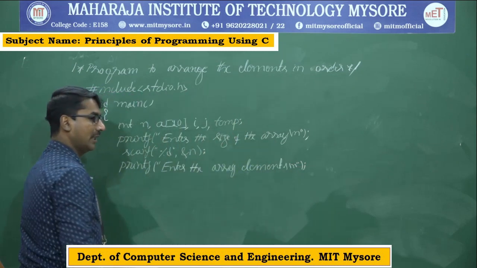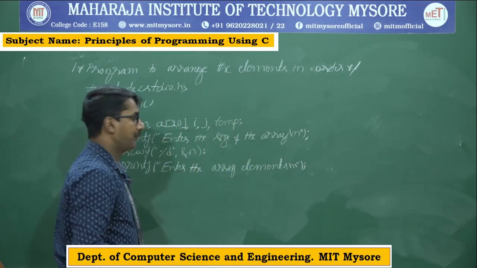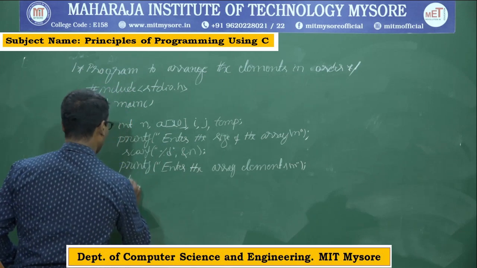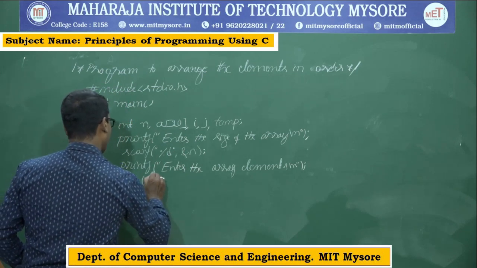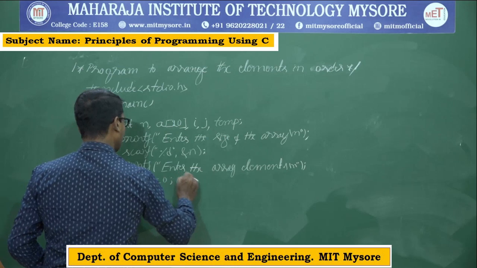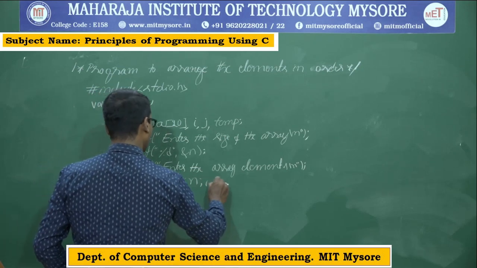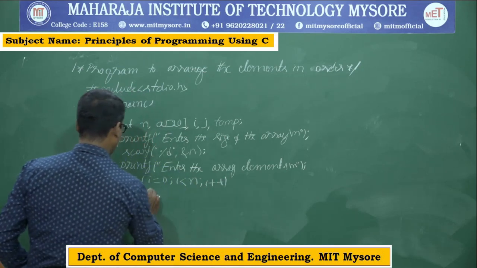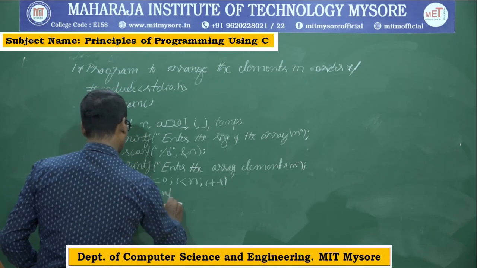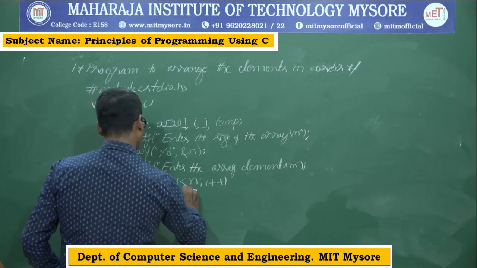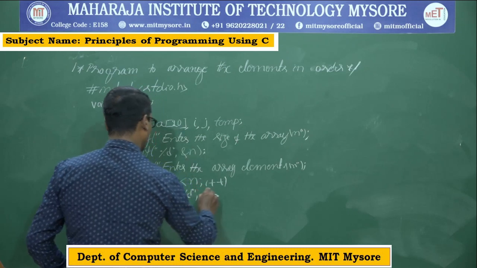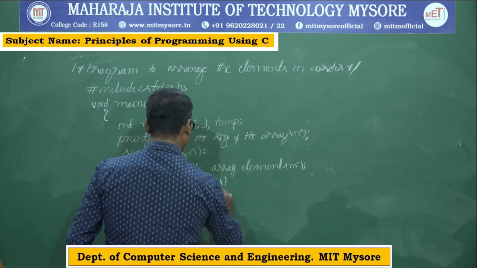So here we need to read n elements. So for i is equal to 0, i less than n, i plus plus, scanf "%d", address of a of i.